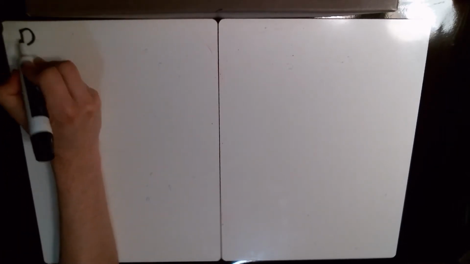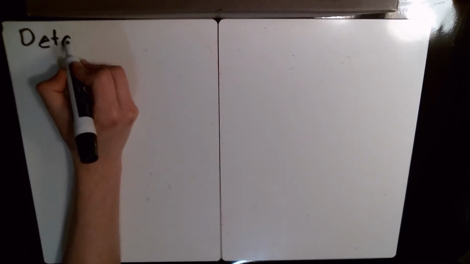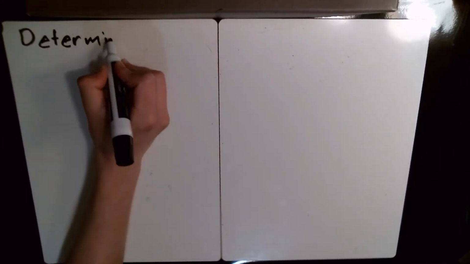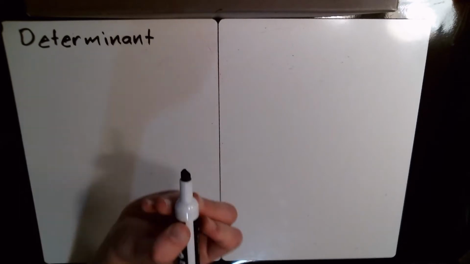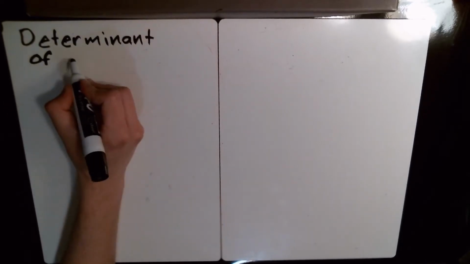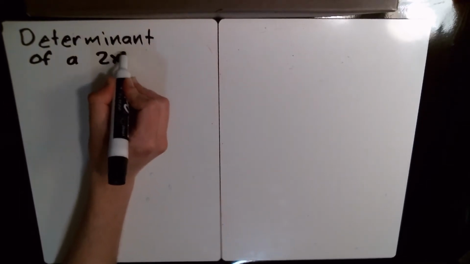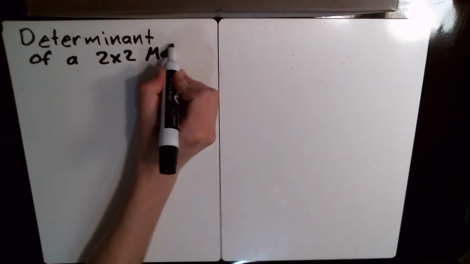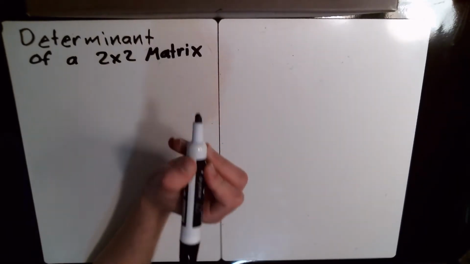So, let's first define a determinant of a 2 by 2 matrix, so 2 rows and 2 columns.